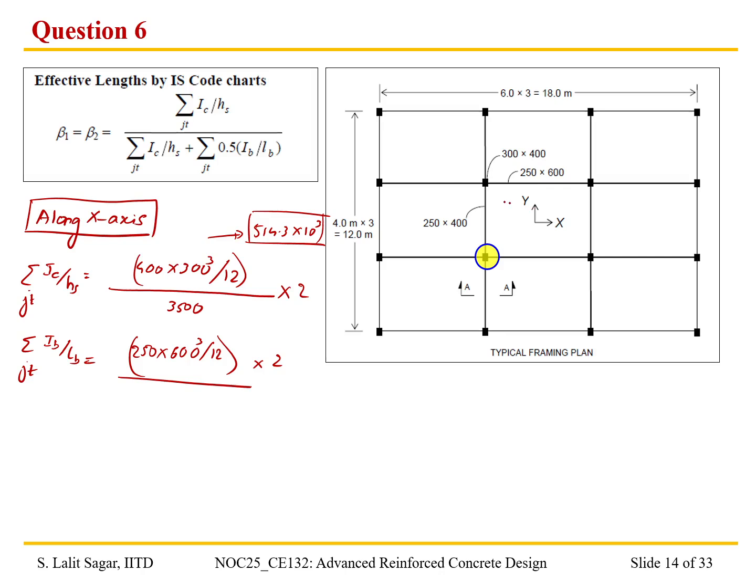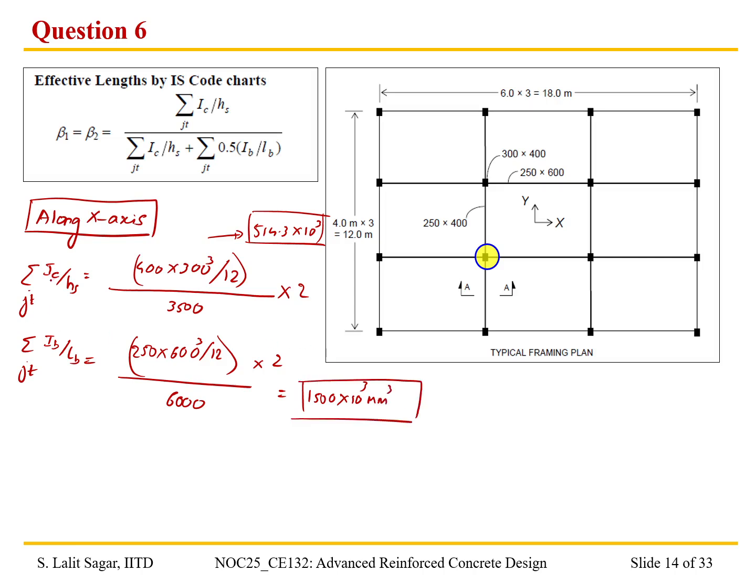The span length is 6 meter. This gives me a value of 1500 into 10 to the power 3 millimeter cube.